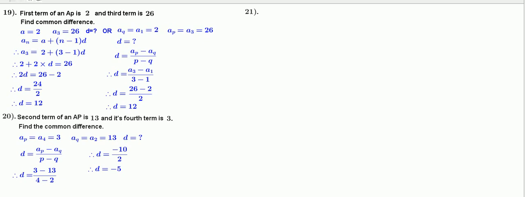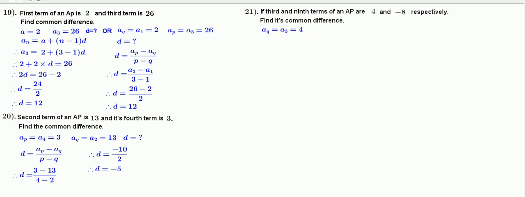Problem number 21. If third and ninth terms of an AP are 4 and minus 8 respectively, find its common difference.